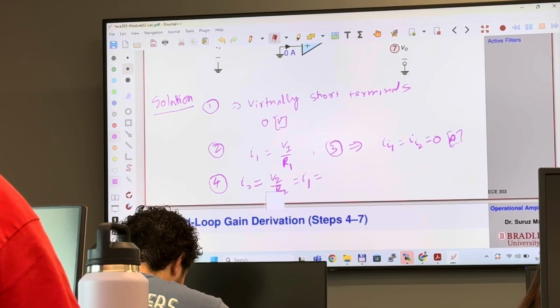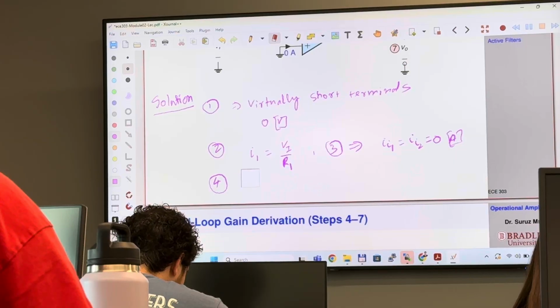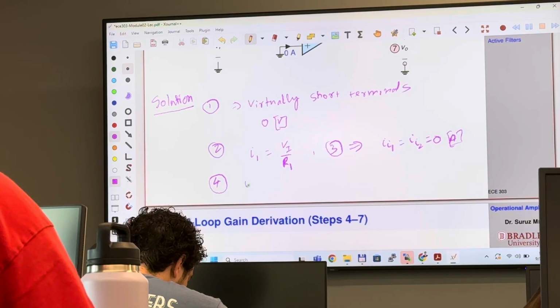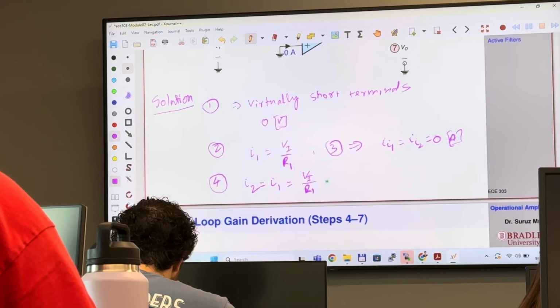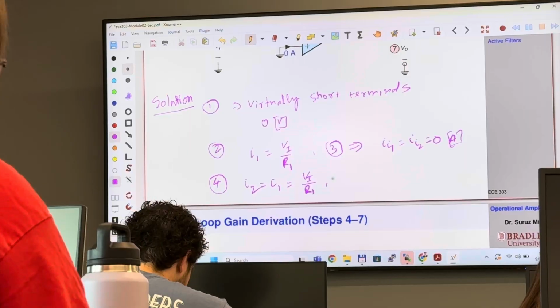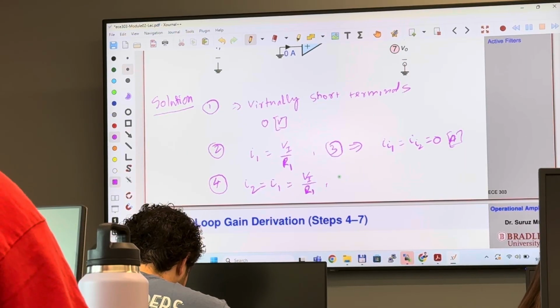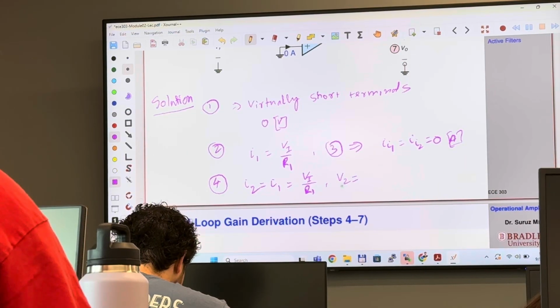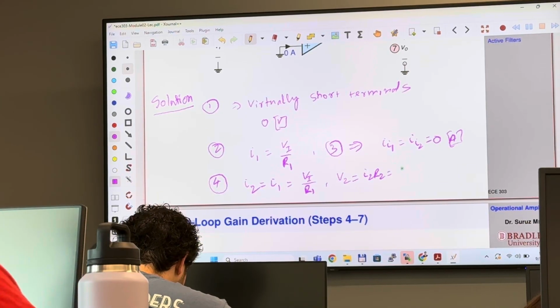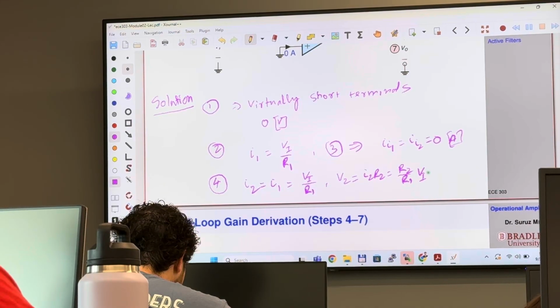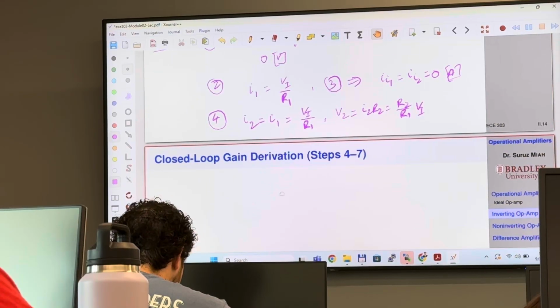We do not know V2 here, but we know I2, so you can simply write I2 equals I1, which is VI over R1, right? So from there, if I ask you what is the voltage across R2, you can simply write V2 equals I2 R2, which is R2 over R1 times VI, right? Okay, so I already did step 4.